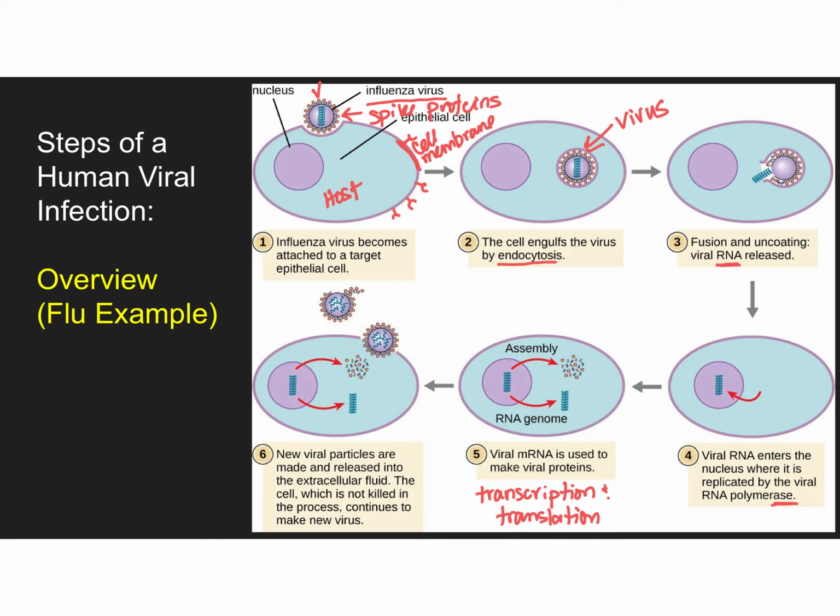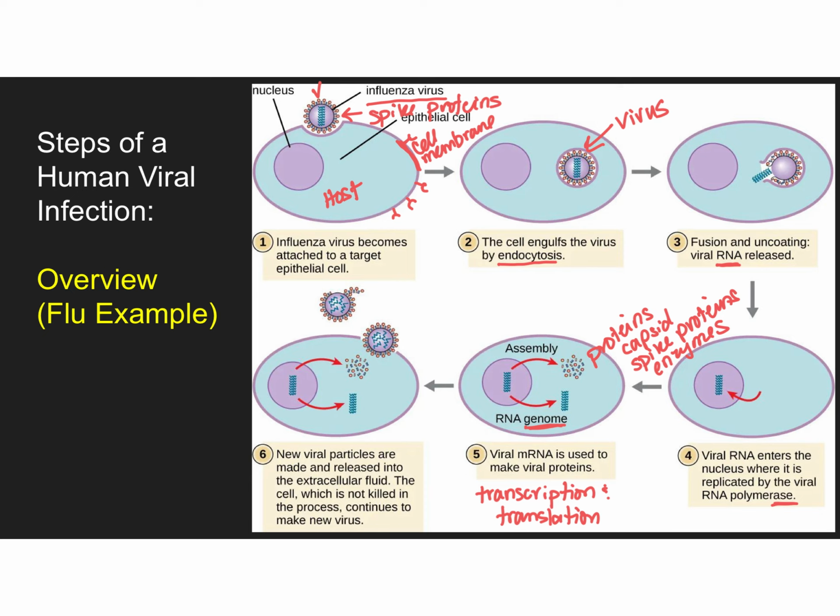And so you can see here that the host cell is essentially making copies of the viral genome and of the proteins. And remember, these proteins might be associated with the capsid, or they might be those spike proteins sticking out of the envelope. They might be enzymes, etc., etc.